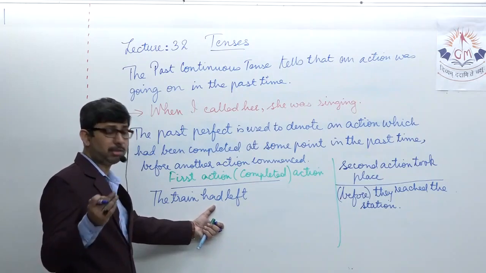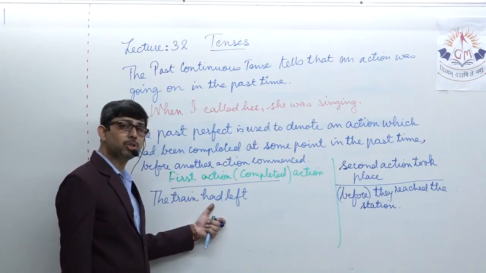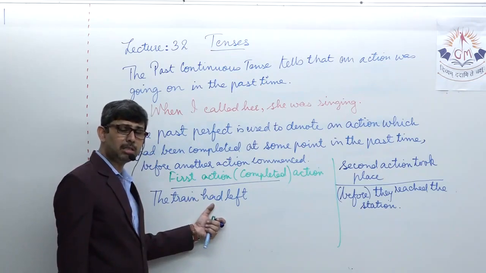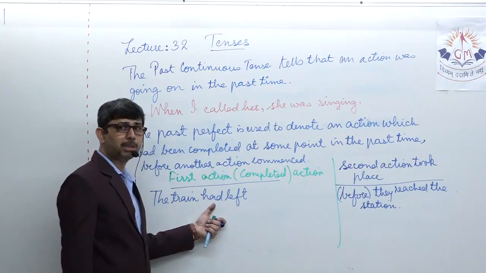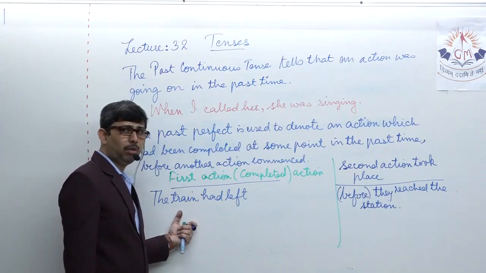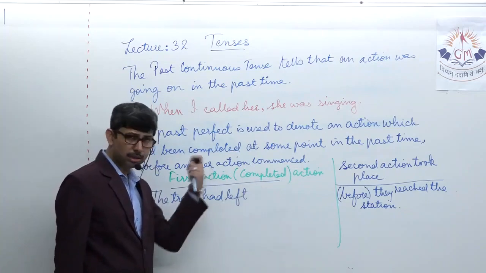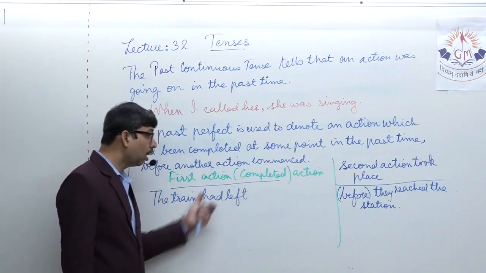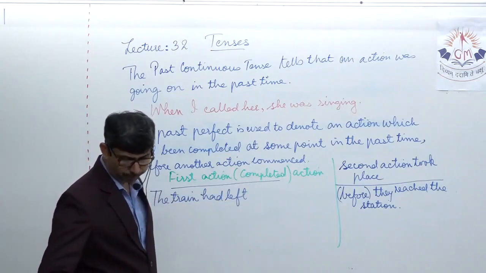I explained in the previous lecture. But for a past perfect, we have only one choice to make, and that is nothing else but the word had. We always use the word had for the past perfect, no matter the subject is singular or plural, masculine or feminine. The train had left before they reached the station. So we have a complete action, and a second action, the subsequent action, the following action.